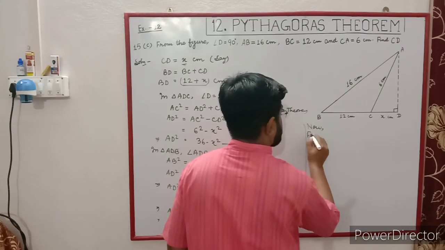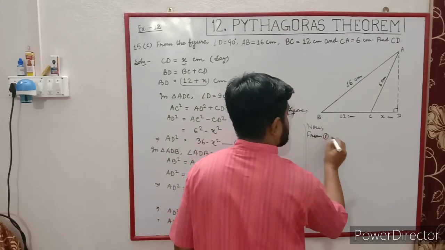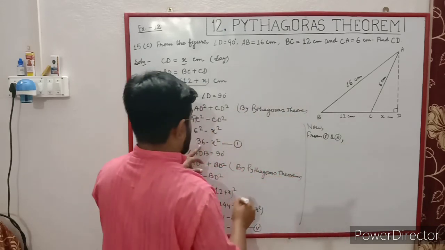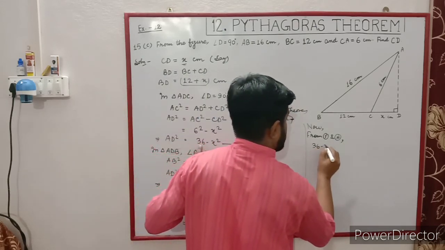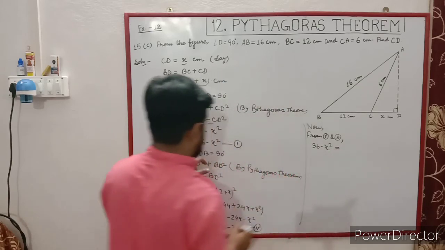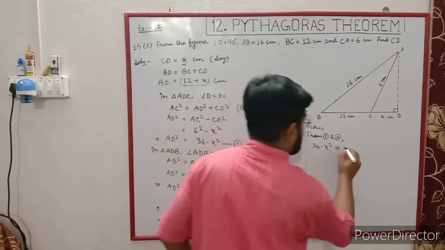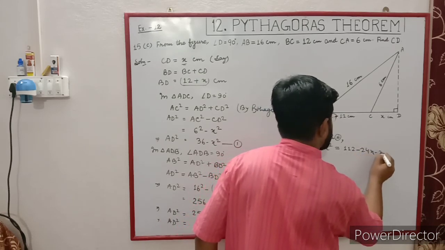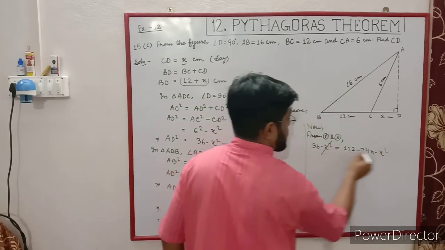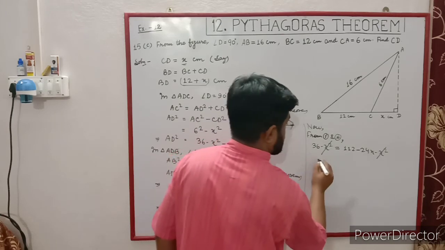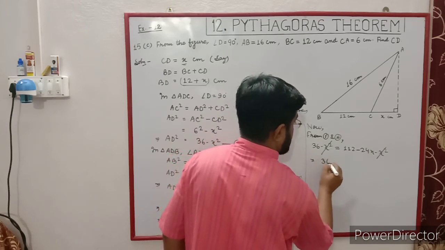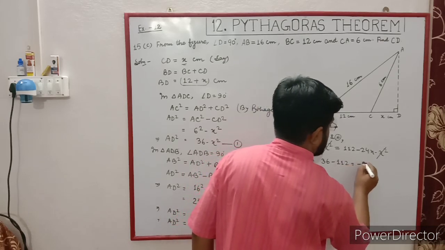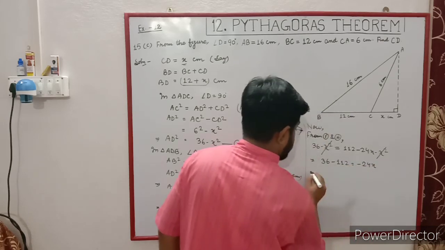Now from equation first and second, 36 minus x square is equal to 112 minus 24x minus x square. Now x square cancelled out. So 36 minus 112 is equal to minus 24x.